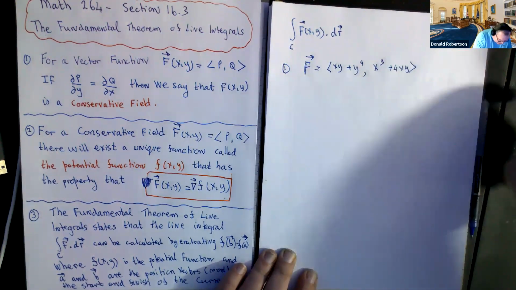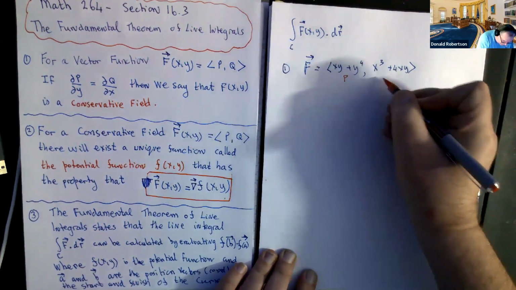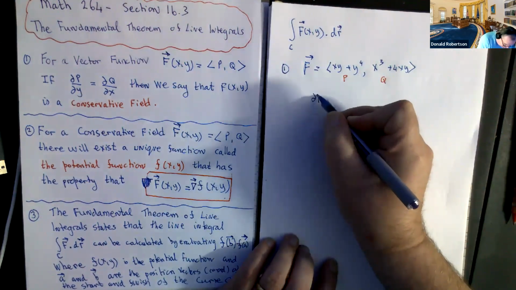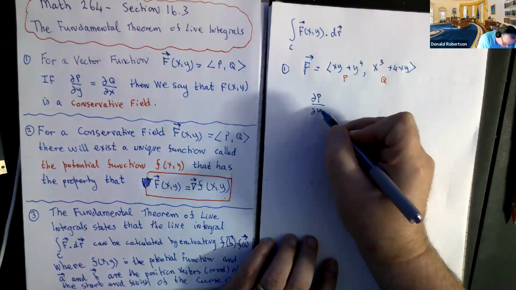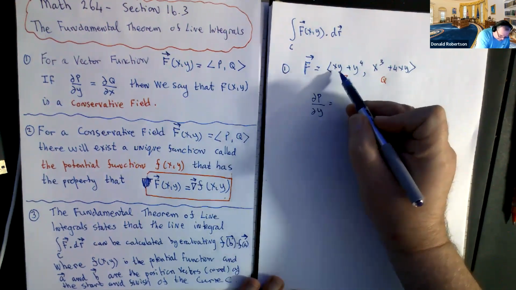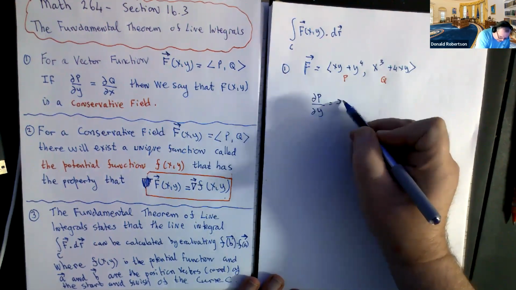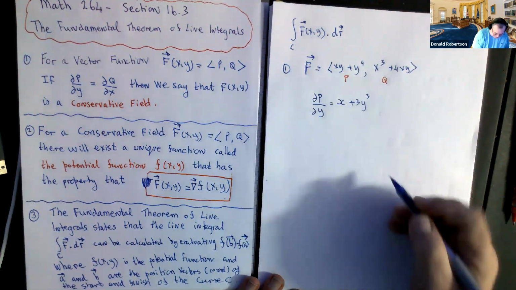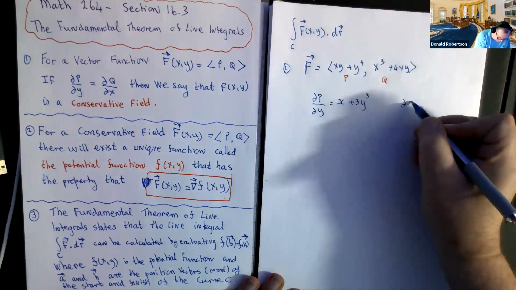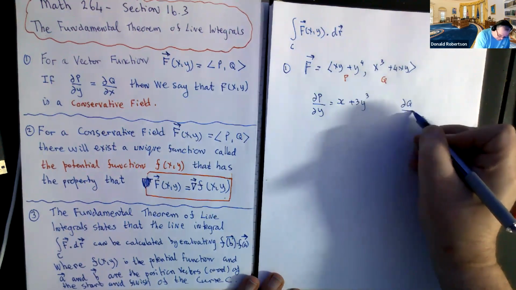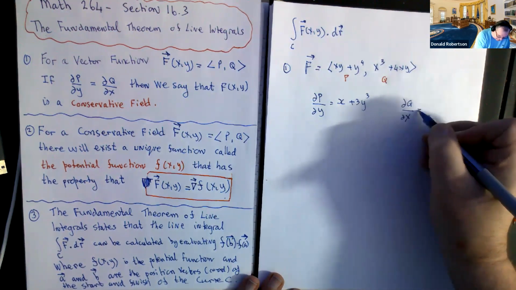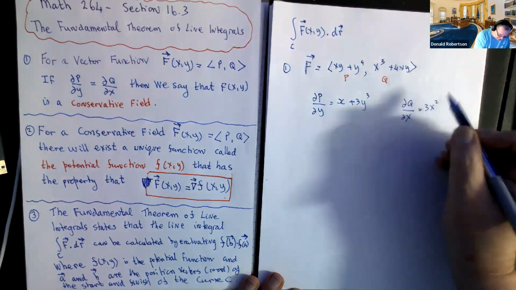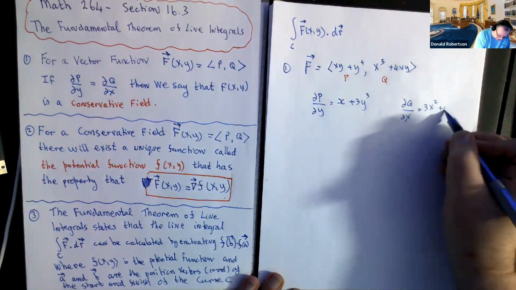So in my naming, this is P and this is Q. So I'm going to find the partial derivative of P with respect to y. If you differentiate that with respect to y, you get x, and for this term, you get 3y cubed. And then we do the partial derivative of Q with respect to x. And if we do that, we get 3x squared plus 4y.